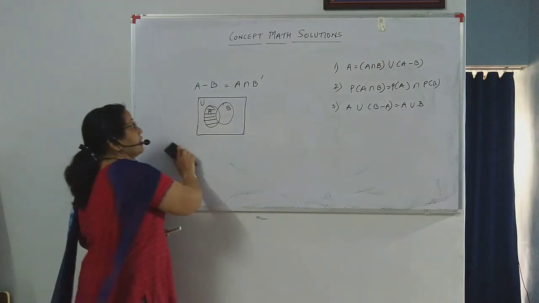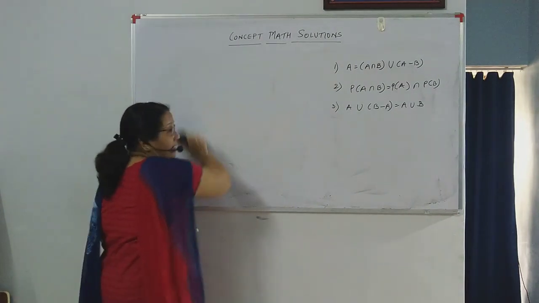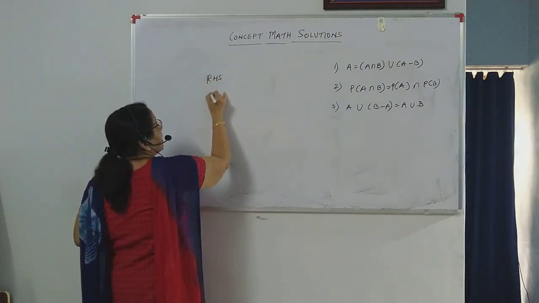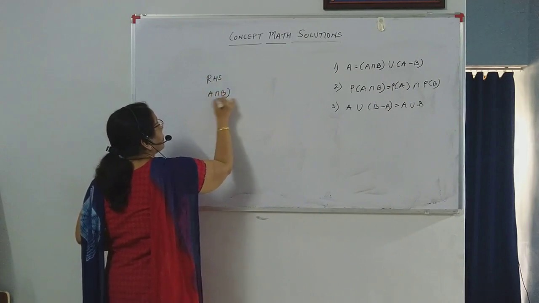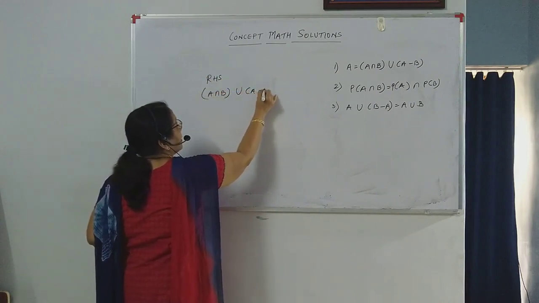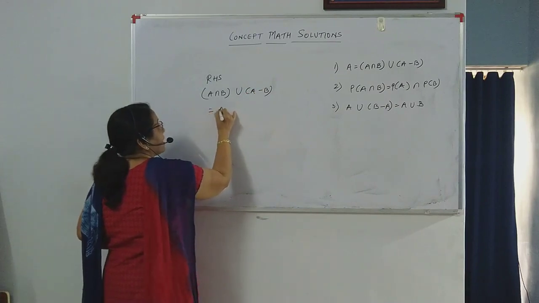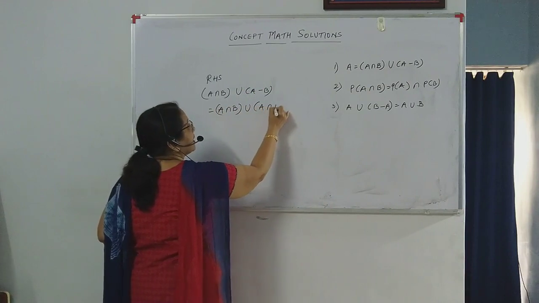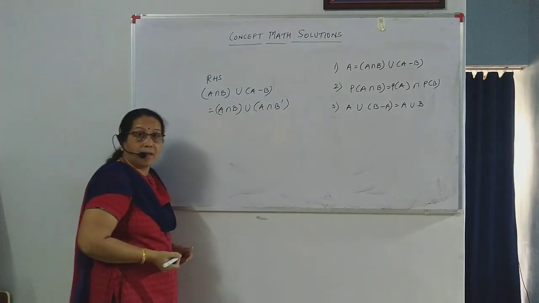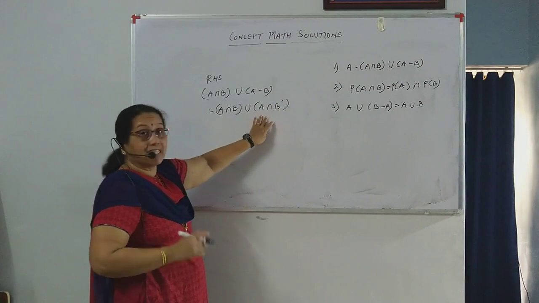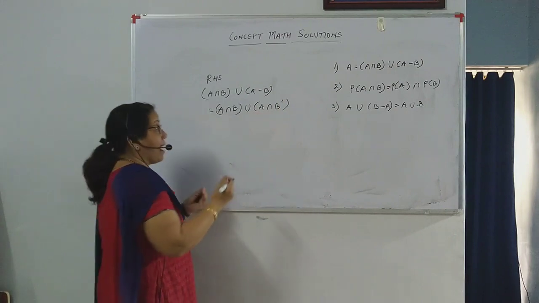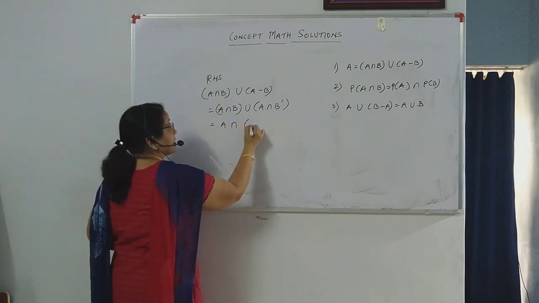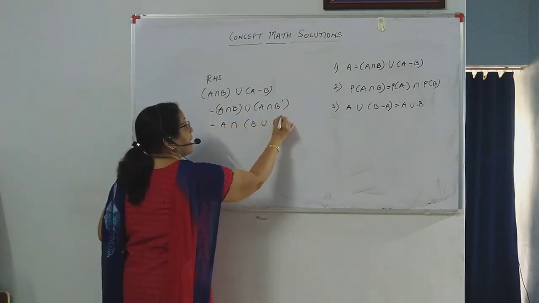So if I come to the first question of this list, RHS is A intersection B union A minus B. So I write this as A intersection B union A intersection B dash. Now A intersection is distributed, so we take it back, right? Opposite of the distributive property we are doing, that is A intersection B union B dash.